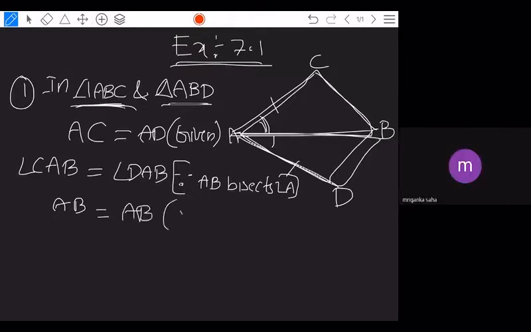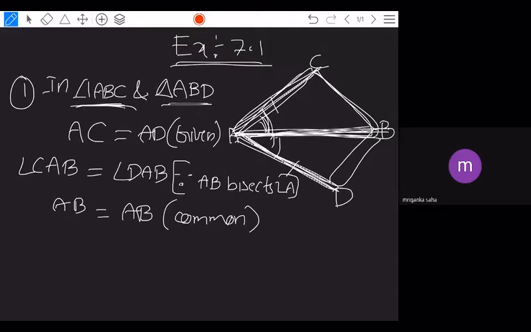Now in the ABC triangle, this side is equal to this side in the other triangle: AC equals AD, AB equals AB, angle A equals angle A. So that is nothing but two sides and the included angle. These two sides and included angle are equal.